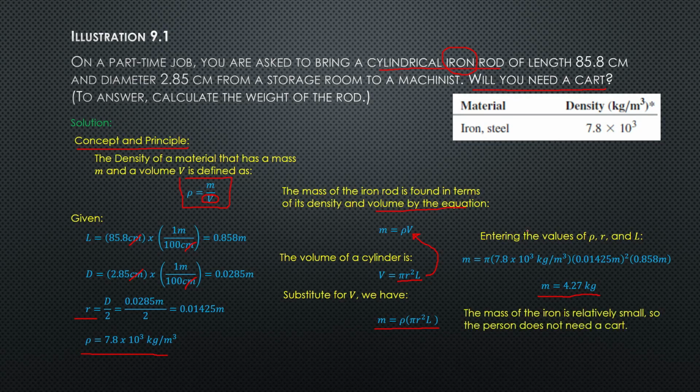So the mass of the iron is relatively small, so the person does not need a cart. So simply you can carry the cylindrical rod, and the length of the rod is less than 1 meter. So you can simply carry that to the machinist. So the answer to this question, will you need a cart, is no.